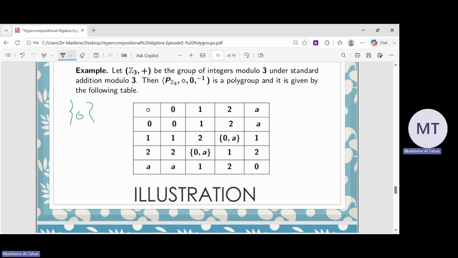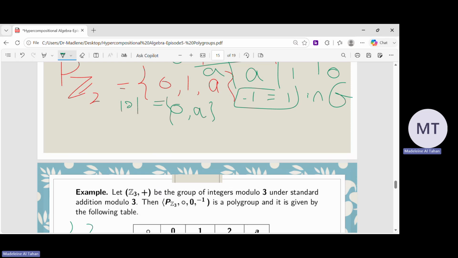Now, can I take 0 with 1 only as a subpolygroup? We can. Let's try 0 with A. It is a subpolygroup. You can construct for each of them its table. So here we have 2 subpolygroups that we found.